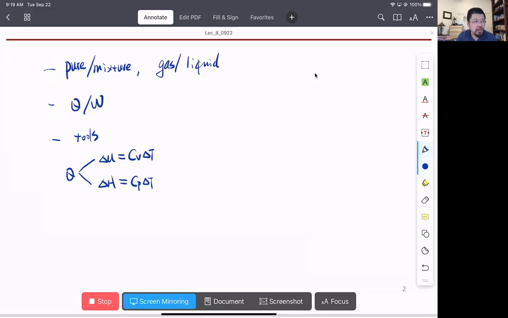Last time when we were talking about the heat effect, we tried to divide the heat, purely using heat, to make three possible changes. One is simply working with the pure substance to change the temperature, right? So there, that would be the specific heat related.